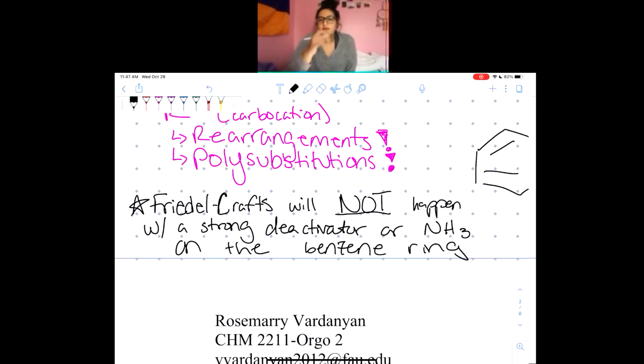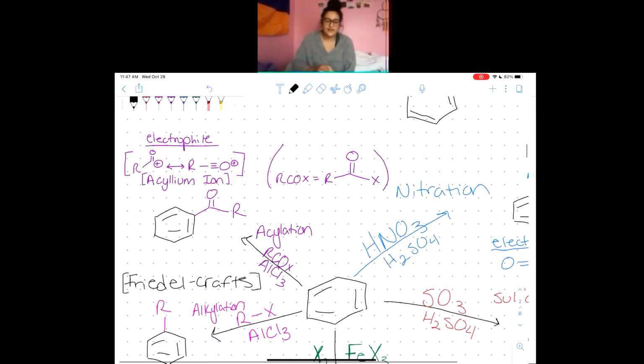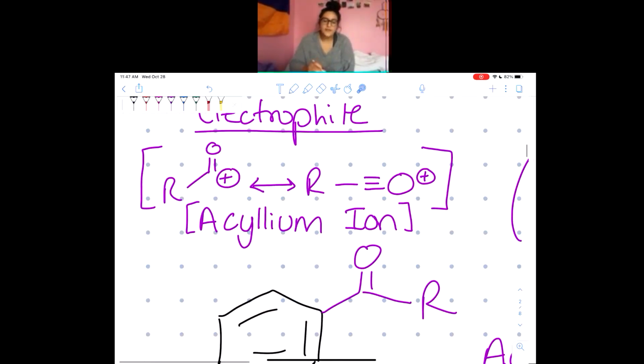I'm looking at the chat. Someone asked, you can use either as the electrophile? If so, how do you know which one to use? Great question. So when we're talking about the acylation, this is just called resonance. I blanked so hard a second ago.